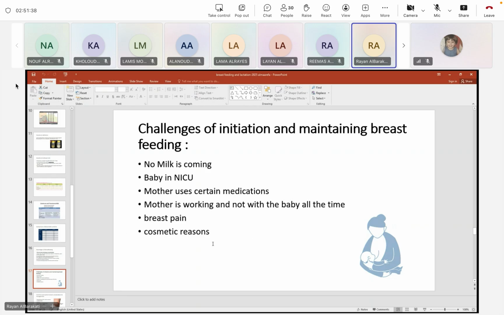The last thing is cosmetic reasons. However, we talked about how breastfeeding is not a reason for disfiguring the mother. It will help with the return of the tummy and the involution of the uterus.